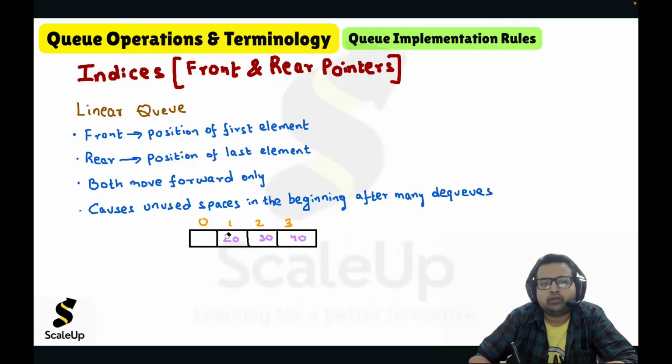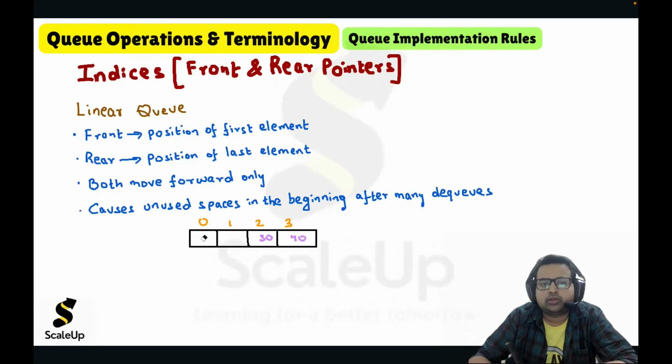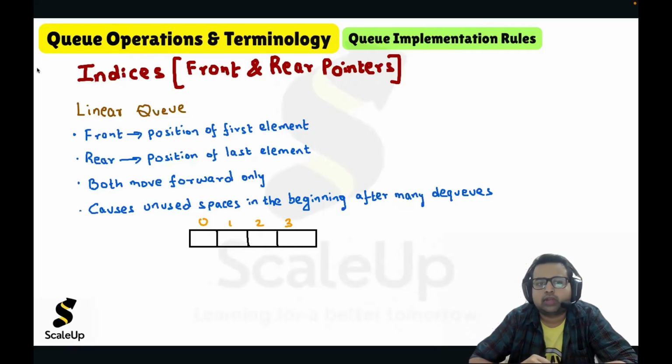Then once again DQ, the second will be removed. So you can see that in the linear queue, we have unused spaces in the beginning. Why are they unused? Because when you insert an element you have to insert from the end in the linear queue. So that's a drawback of a linear queue, and circular queue fixes that problem.